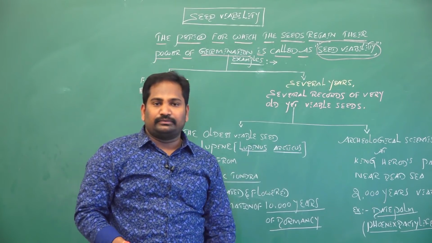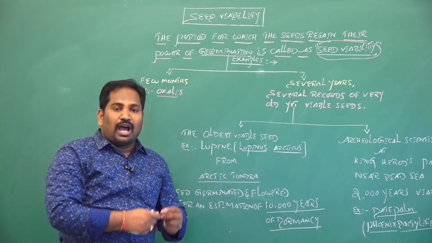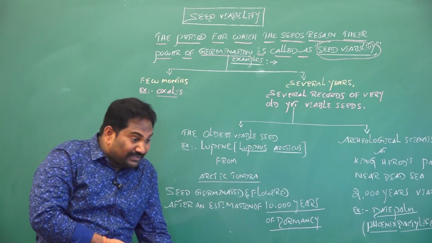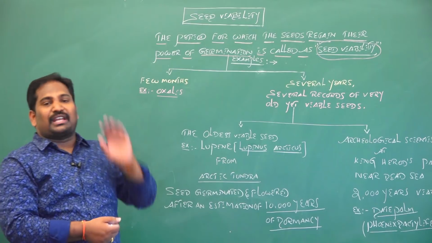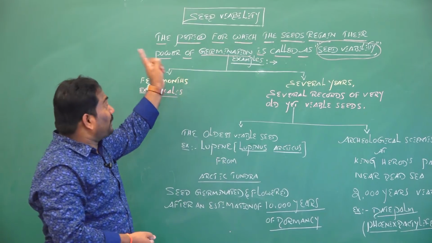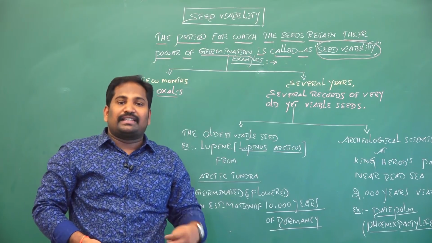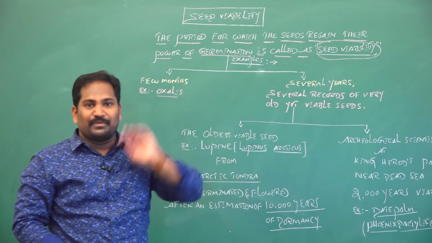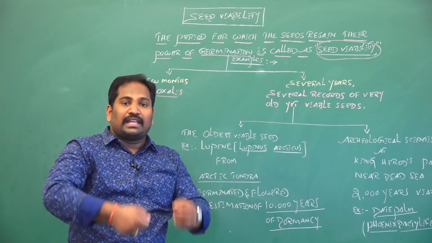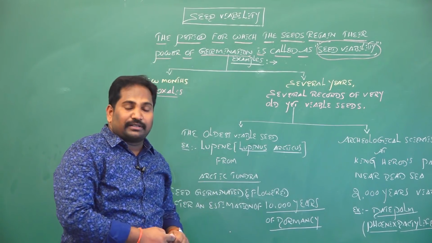After fertilization, when ovules develop into seeds, these seeds have the power of germination capacity. Once again, the period or time for which seeds retain their germination capacity is called seed viability.